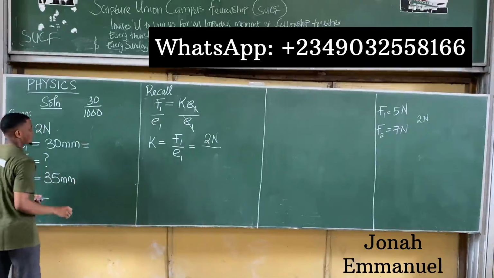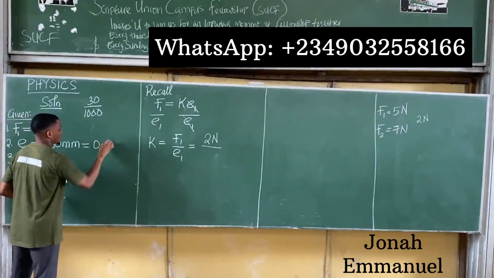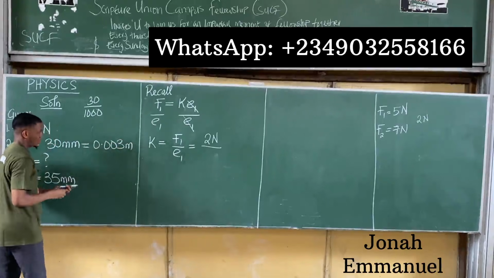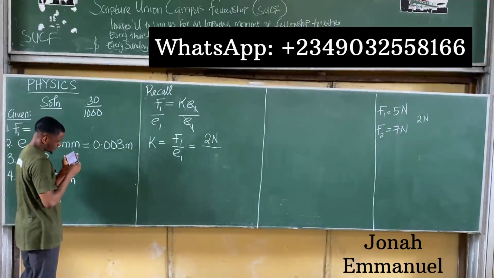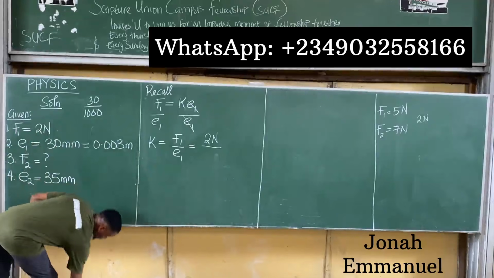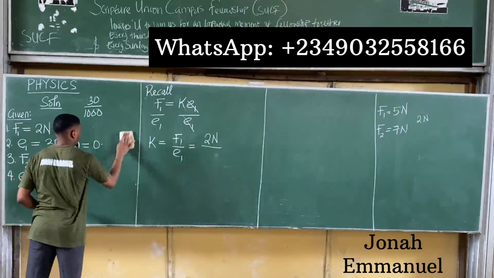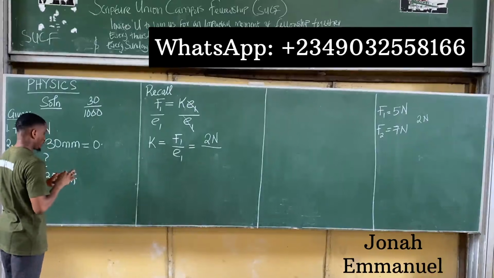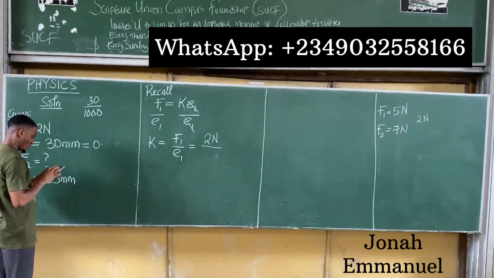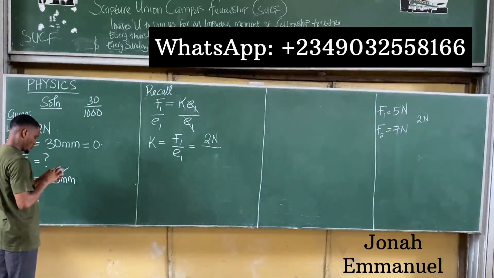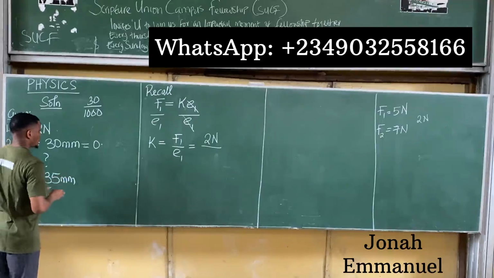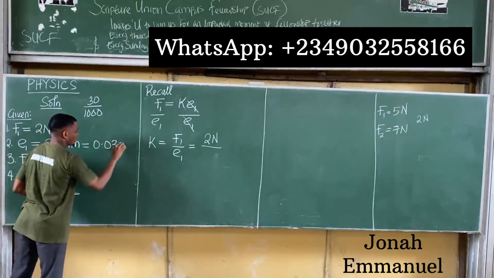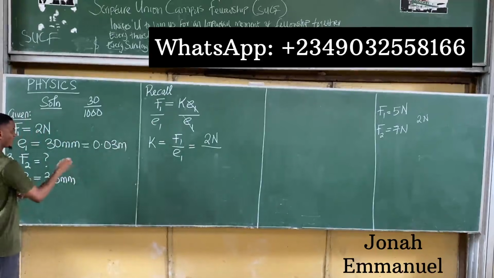If I divide this by 1000, I have 0.03 meters.